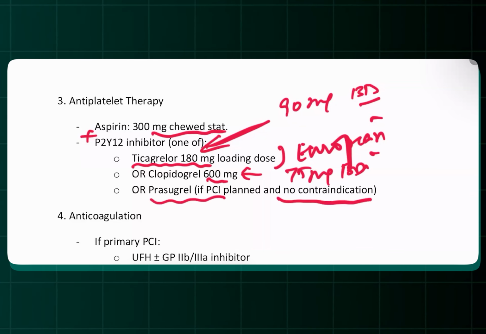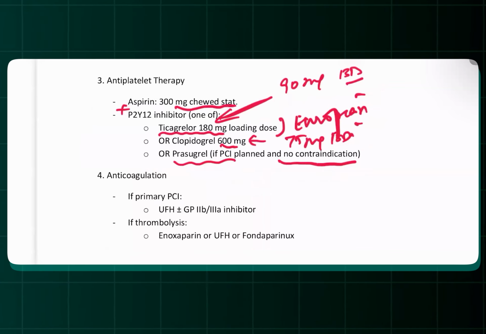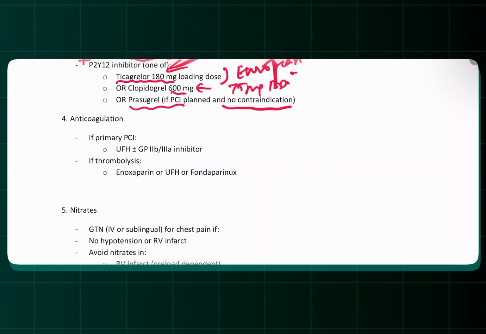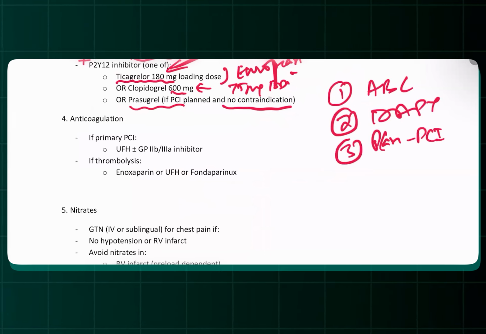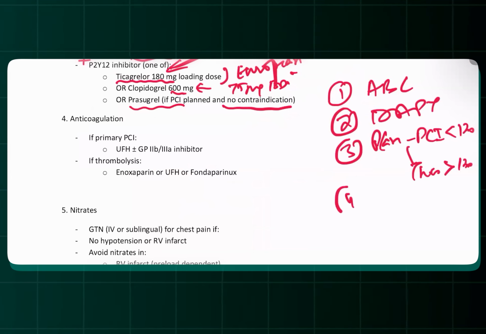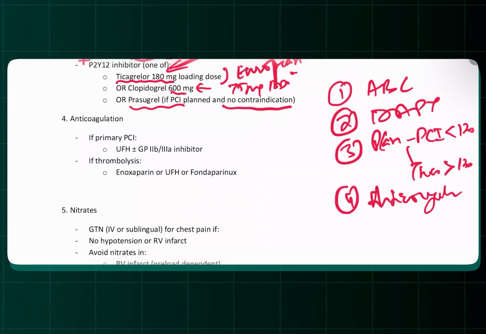of age. So one is that you do your ABC, second is you give DAPT, third is you plan for PCI if it is less than 120 minutes, thrombolysis if you suspect more than 120 minutes, fourth is anticoagulants. That is also important.